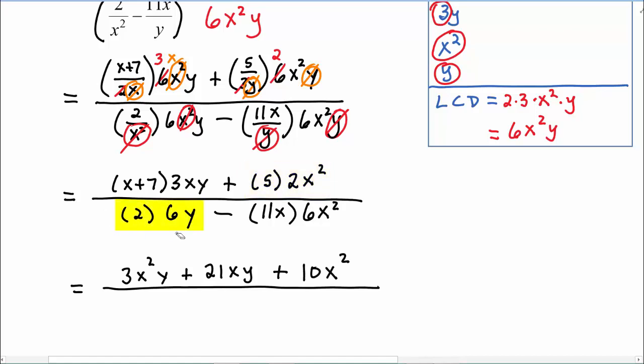In the denominator, we will get 12y minus 66x cubed. And there's our result.